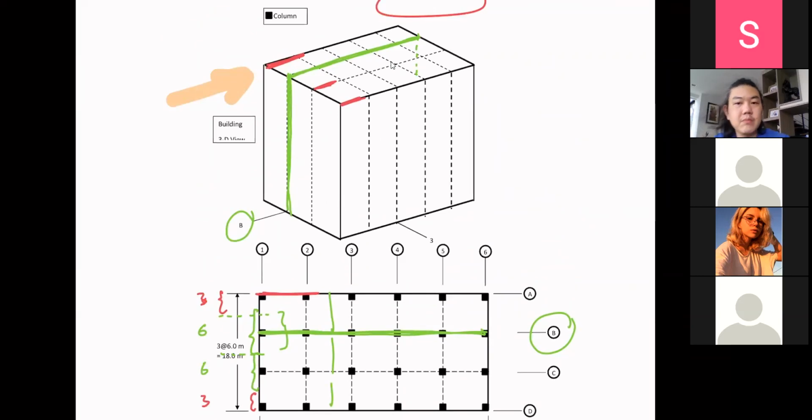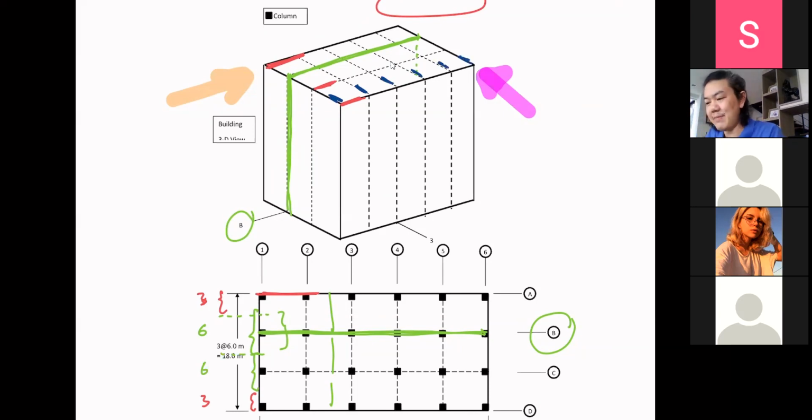Okay, now let's say I want to focus on the wind in this direction. If the wind comes in this direction, now you can have how many frames in here? You can have 1, 2, 3, 4, 5, and 6.